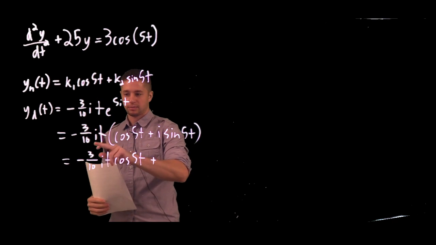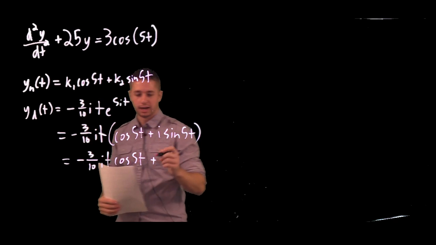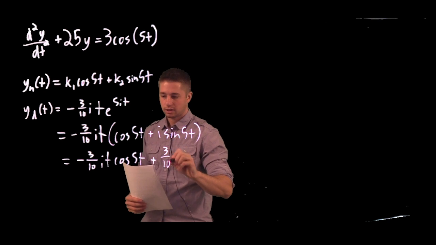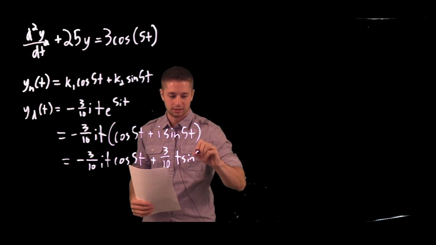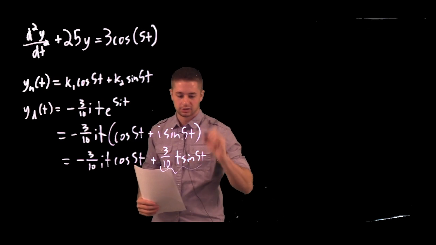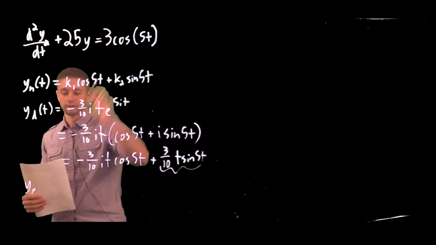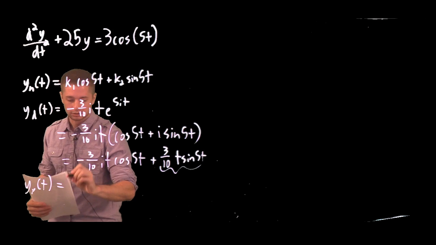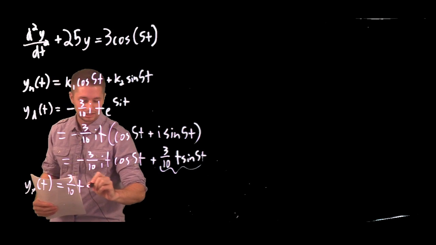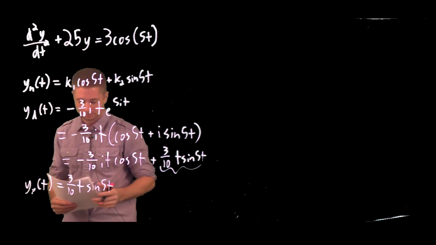And the second term, i times i is minus 1, cancels out with that negative. So we have 3/10 t sin 5t, and this is the real part that we were looking for. So a particular solution to this differential equation is 3/10 t sin 5t.